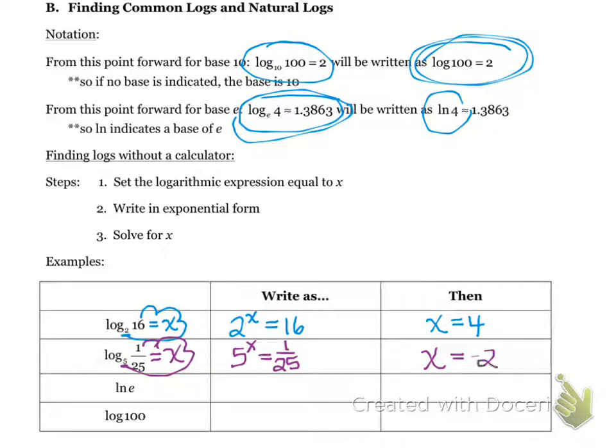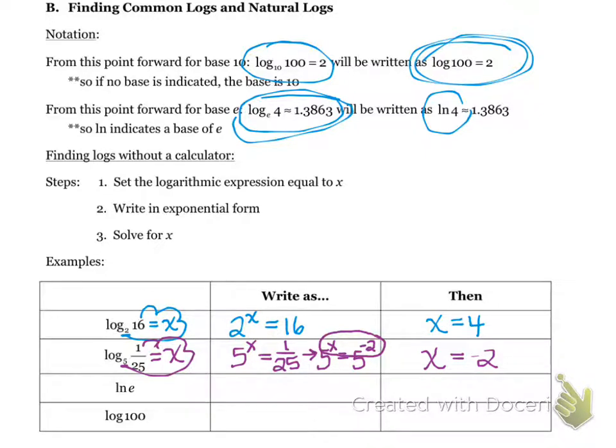So you could just know that, or you could think of the uniqueness property and change 1 over 25 into 5 to the negative 2. So very similar concepts. And then because the uniqueness property says with the same base, our exponents are equal, we again get x equals -2.